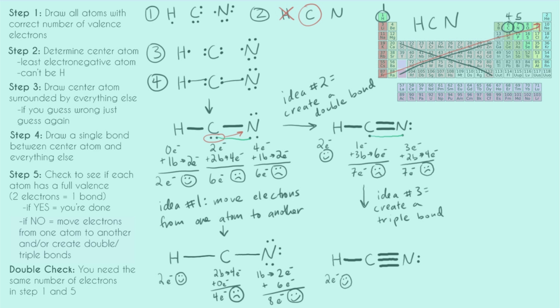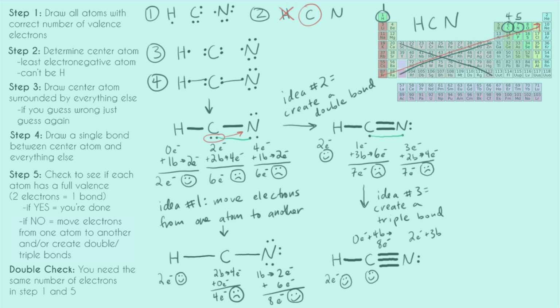My carbon now has 0 electrons, plus 4 bonds. Each bond is 2 electrons, so 4 bonds really equals 8 electrons. So this carbon is happy. And now my nitrogen has 2 electrons, plus 3 bonds.